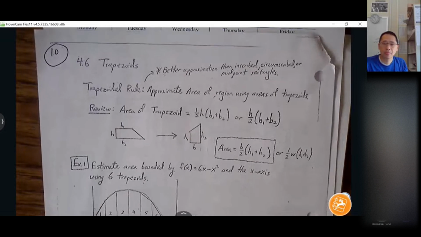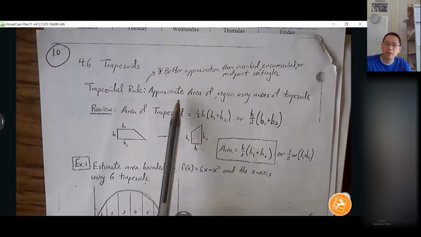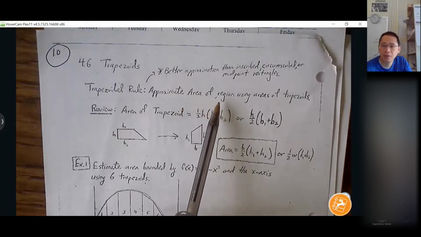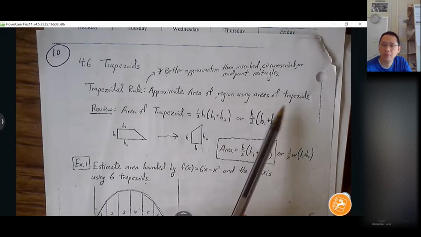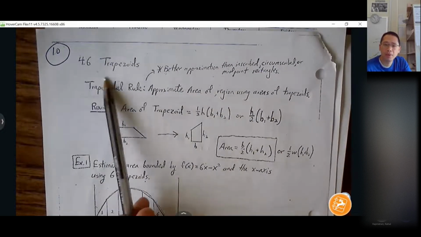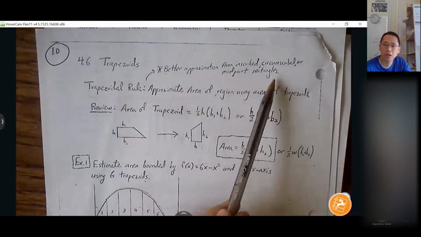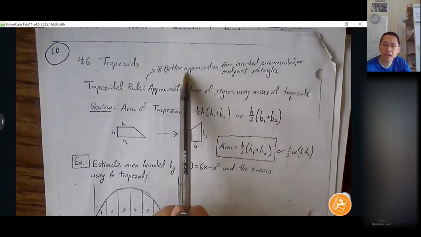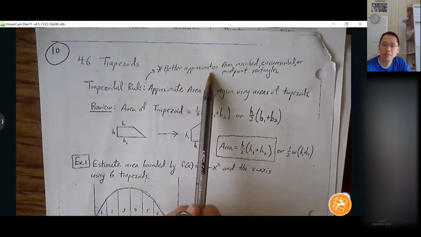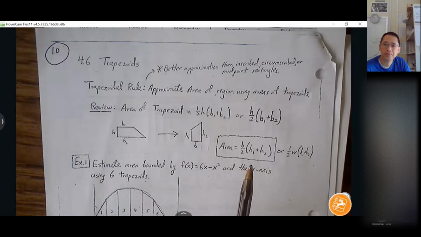So trapezoid rule is a way for us to approximate the area of a region using areas of trapezoids. The big thing that we're going to see with trapezoids compared to the other rectangles is that it's just naturally going to be a better approximation than inscribed, circumscribed, or midpoint rectangles.